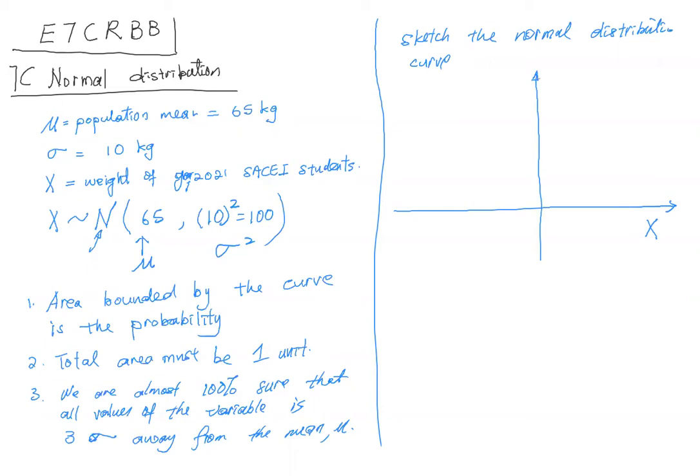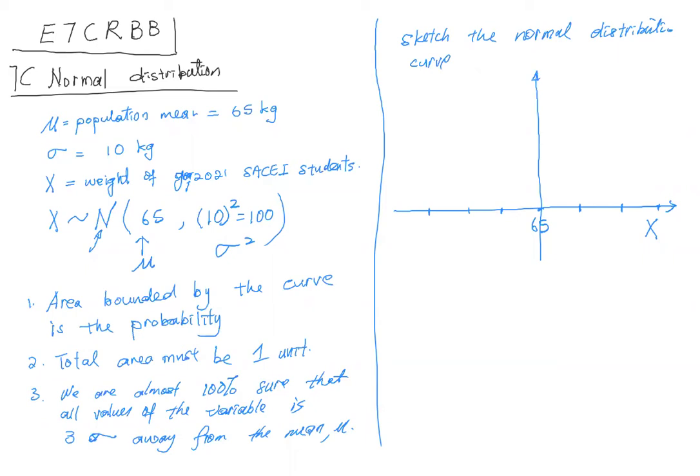The normal distribution is also symmetrical, so we always put the mean in the middle. That is 65. Then from the mean, we are going to mark 3 equal divisions to the left and 3 equal divisions to the right.